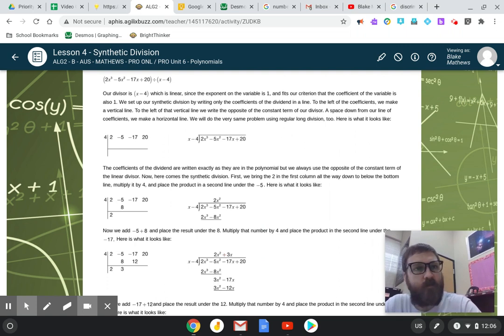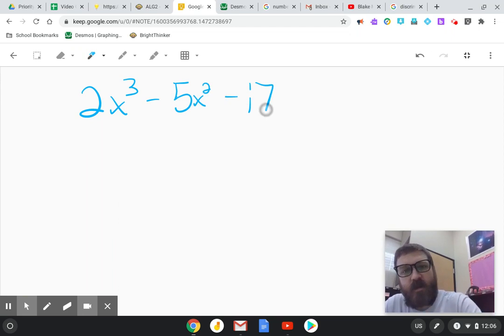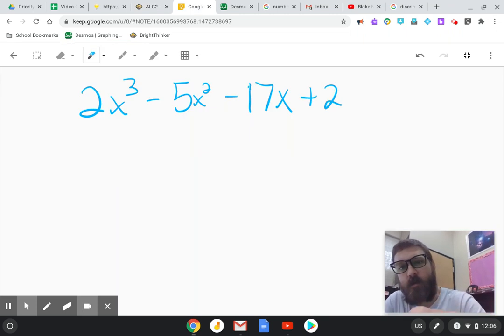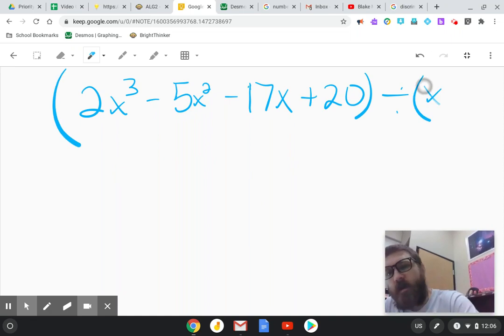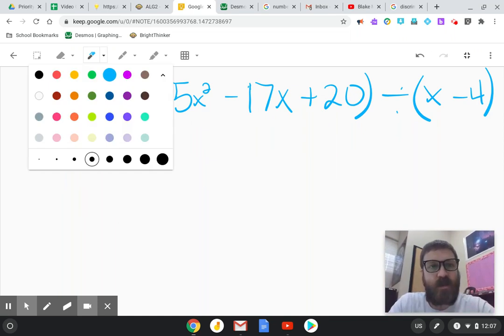Let me rewrite that whole problem over here: 2x to the third minus 5x squared minus 17x plus 20, and that's going to be divided by x minus 4.